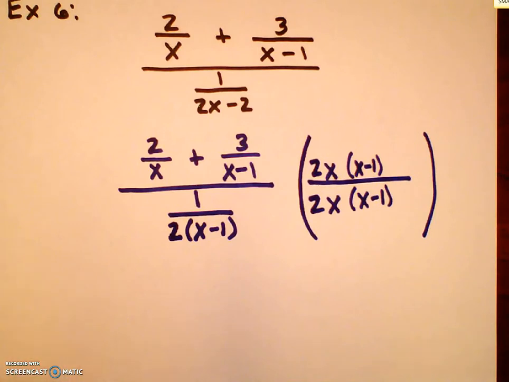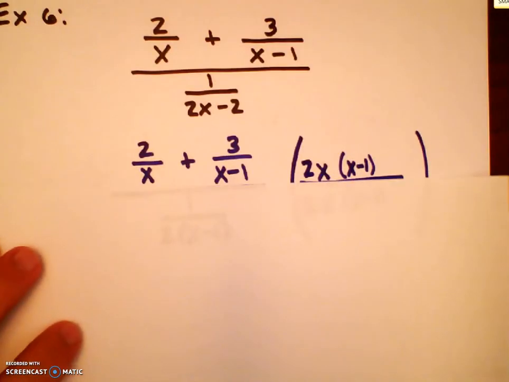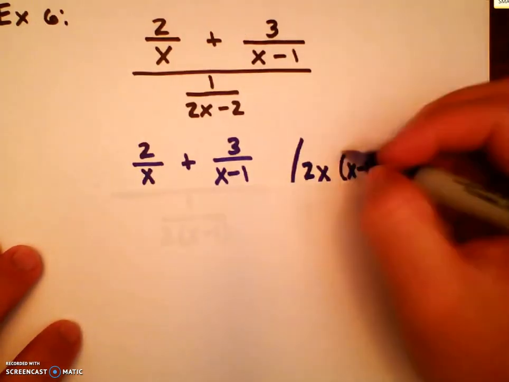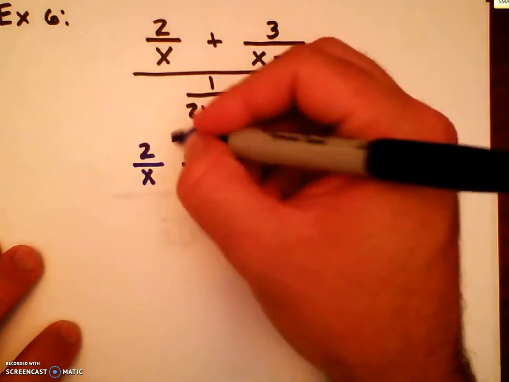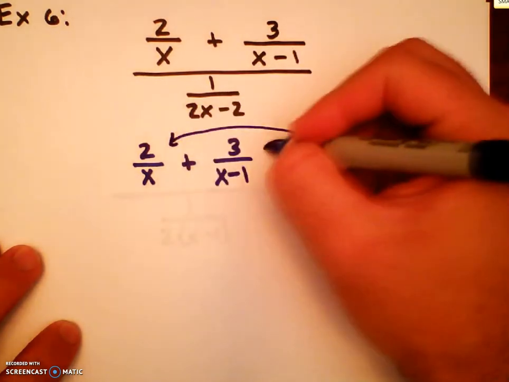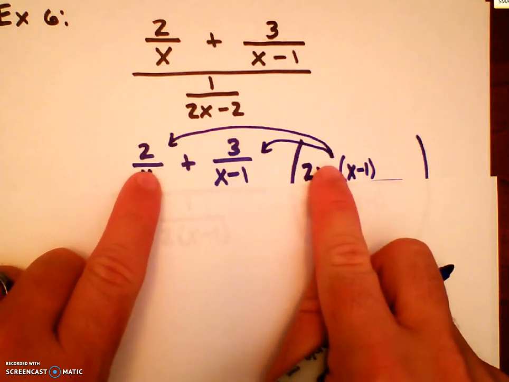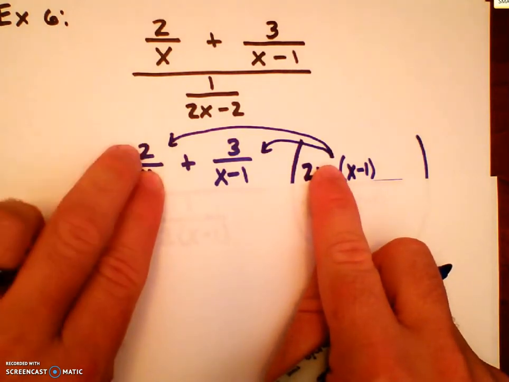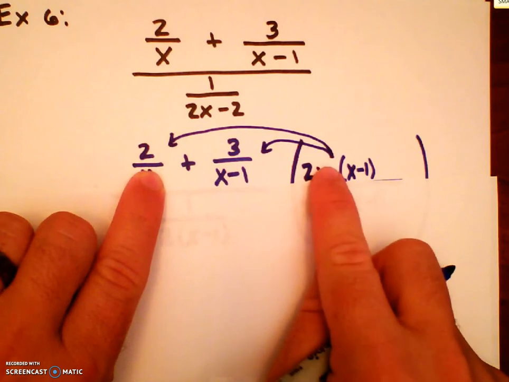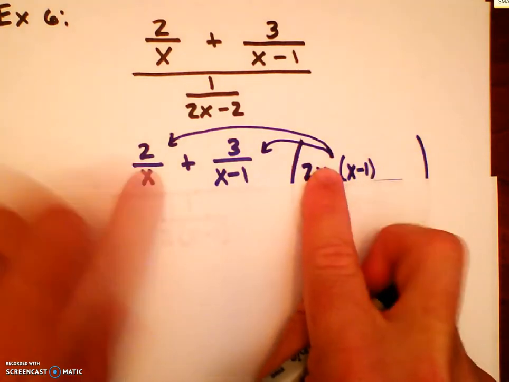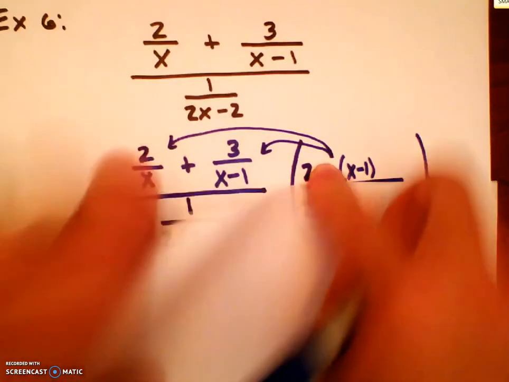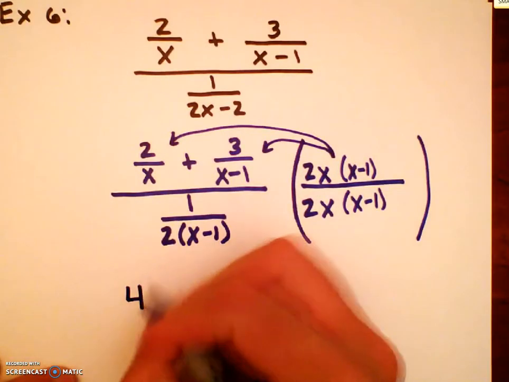So now that we have that, we're going to multiply. And just like before, think about it being covered up. Think about just this portion right here. We're going to take that, and we're going to distribute it to both fractions. So if I do it to the first fraction, the only thing that cancels are the x's. So you got 2 times 2, which is 4, and then the x minus 1.